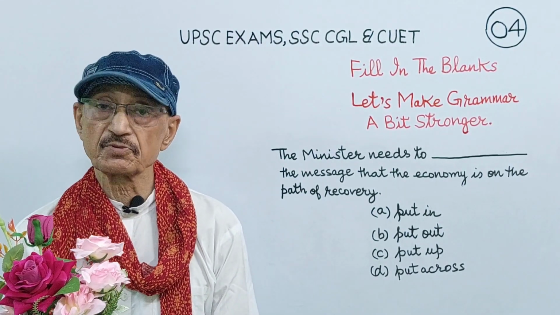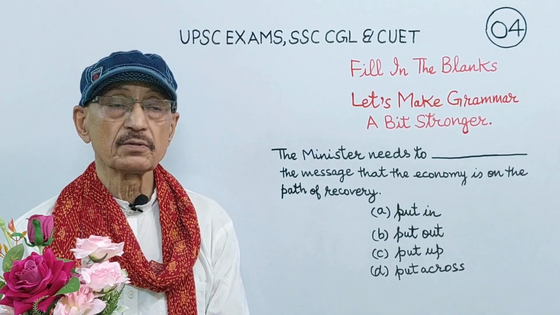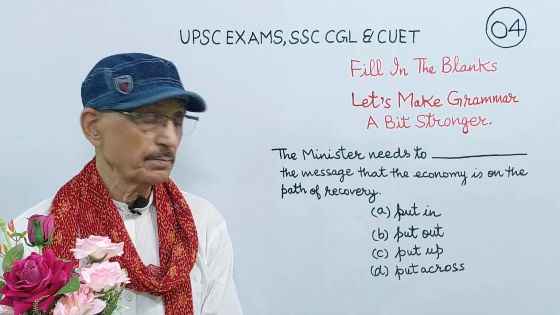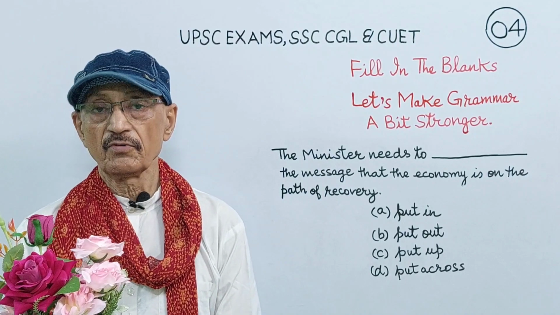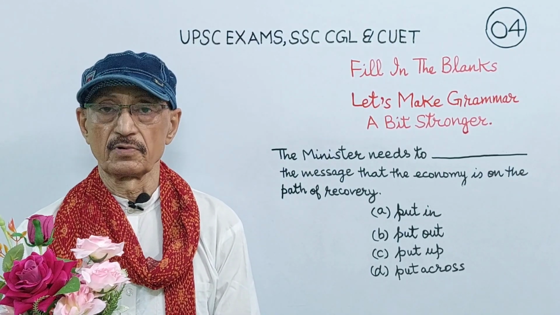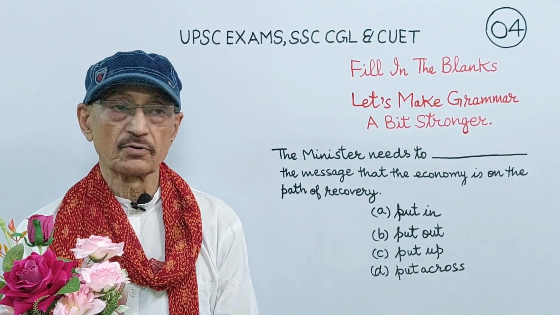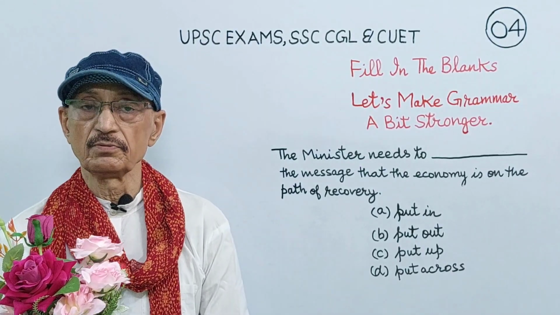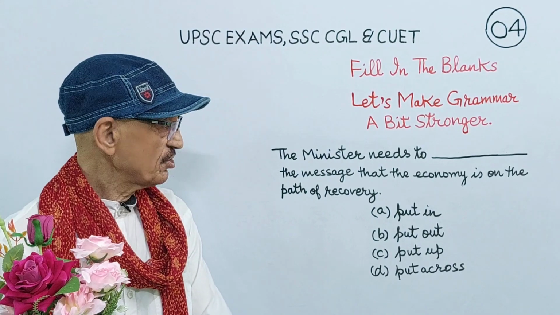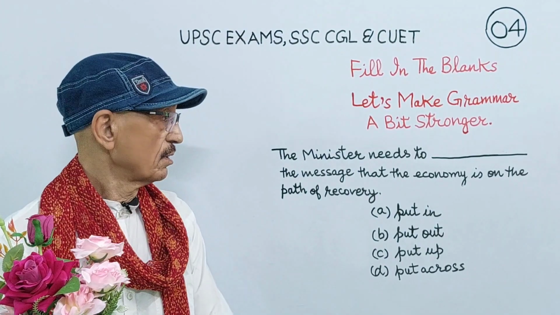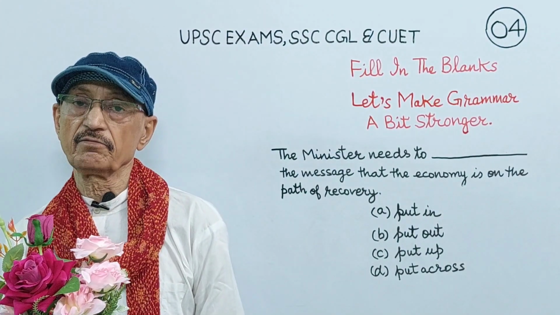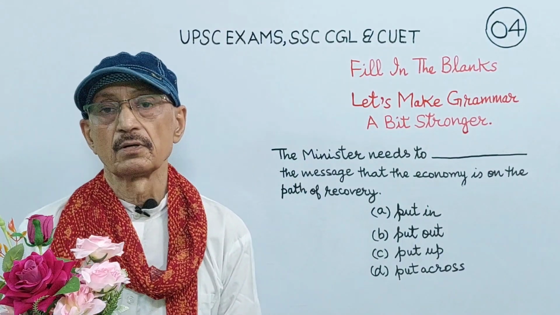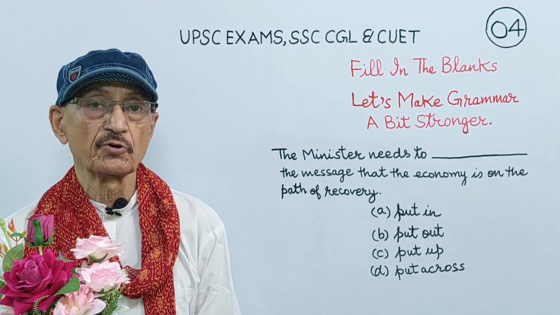These phrasal verbs are put in, put out, put up, put across. Which phrasal verb will you take here to fill this blank space? The minister needs to blank space the message that the economy is on the path of recovery. You should take put across.